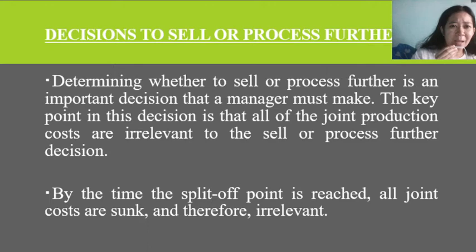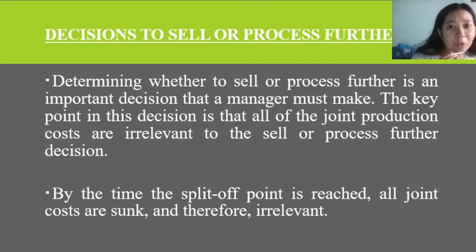Meaning to say, at the time that the production is jointly produced, all of the joint production costs are irrelevant to the sell or process further decision, because in this case, we are considering the split off point and not the joint production.